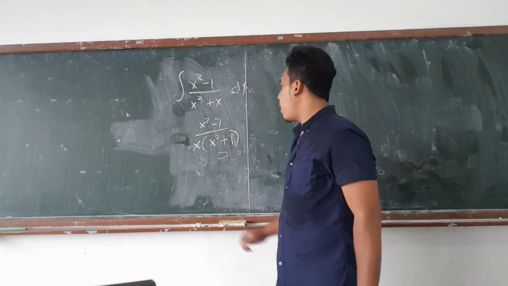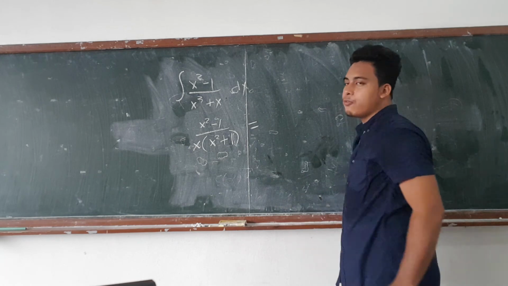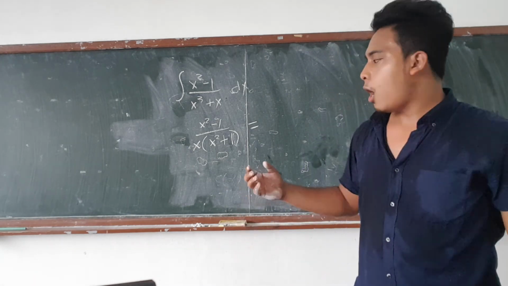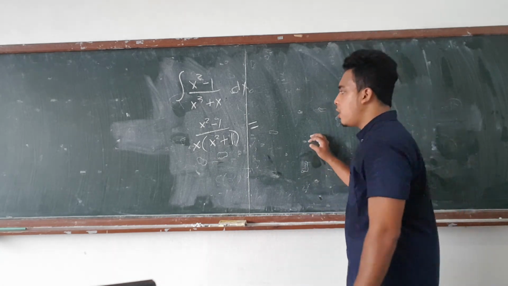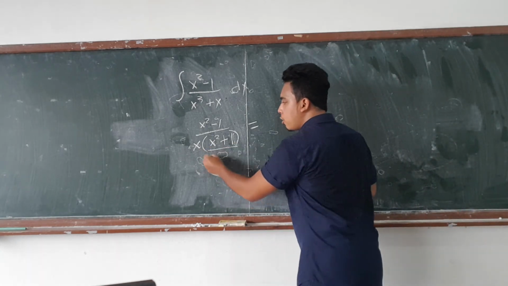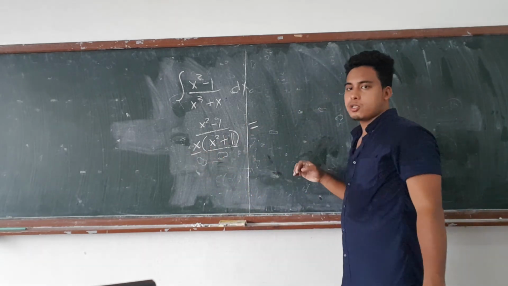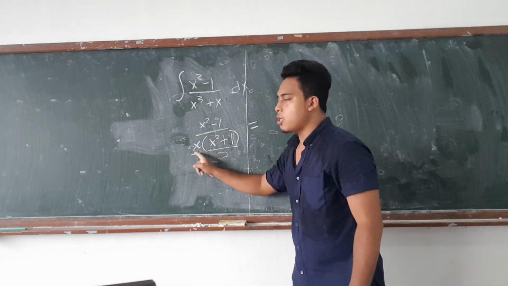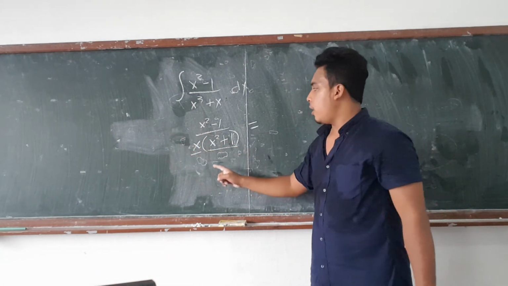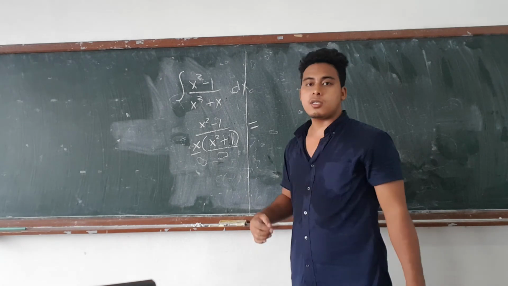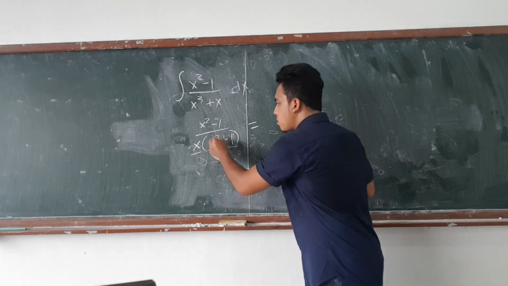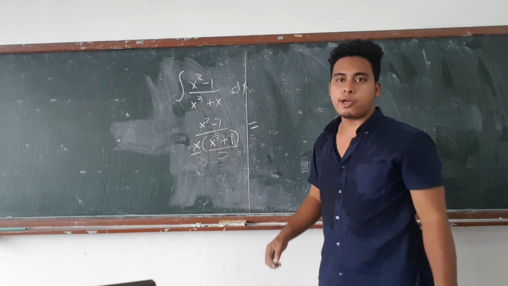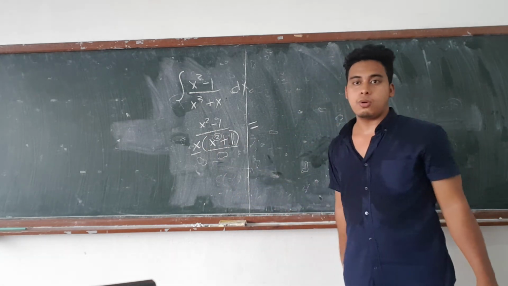So by the use of partial fractions, we need to evaluate first the terms given in the denominator. Since we have two expressions, x and x squared plus 1, x is a linear term, then x squared plus 1 is a quadratic term, because the highest exponent is equal to 2.